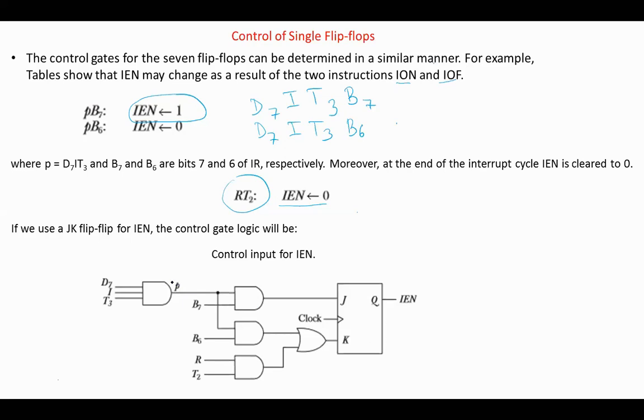This D7 I T3 and B7 is applied to the J input, and with B6 is applied to the K input. But we want to reset it also if RT2 is true. And the output of this JK flip-flop is applied to the interrupt enable flag.